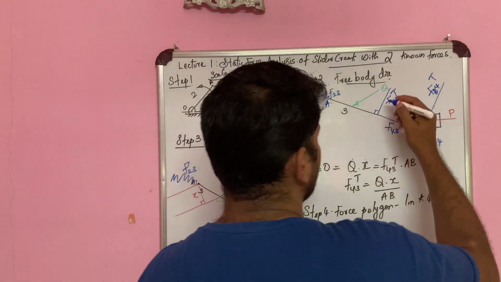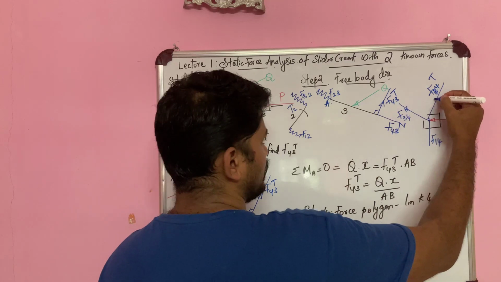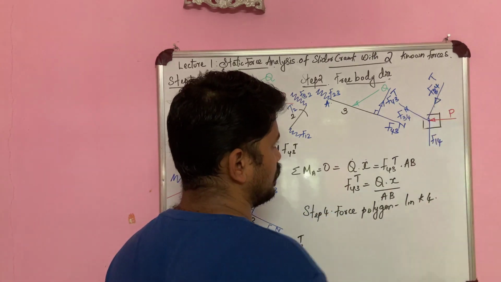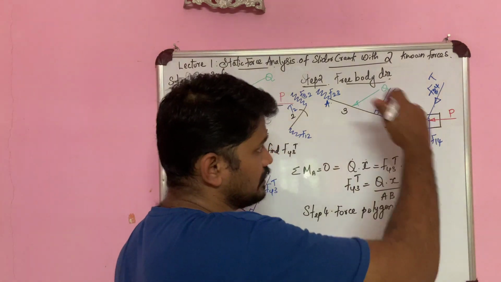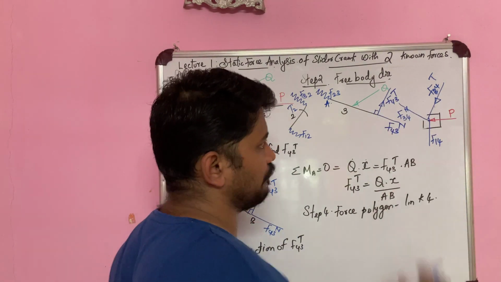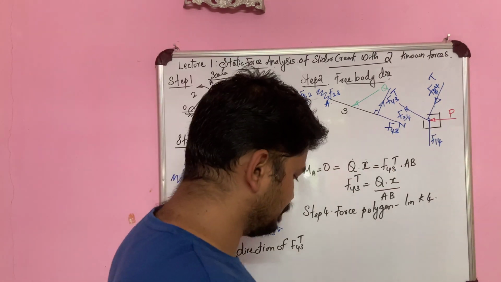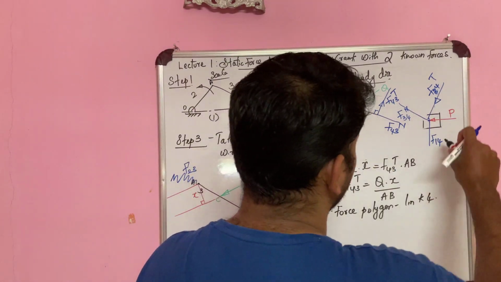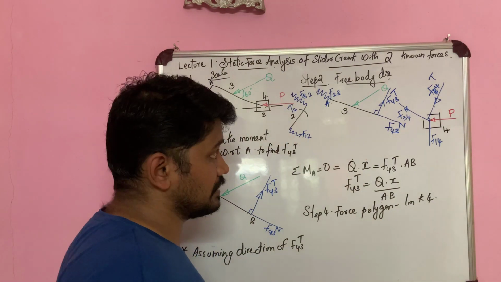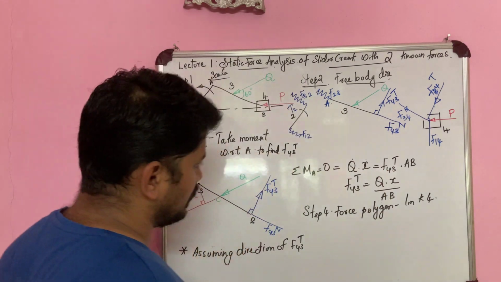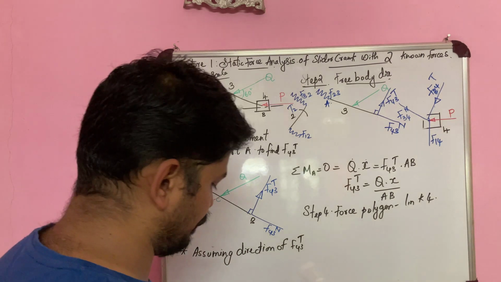Now this one I assumed to be in the upward direction, right? So here it is in the opposite direction, that is downwards. And F34N's direction I don't know, but I just know the line of action. Similarly F14. So when we draw the force polygon for link 4, I will get the direction as well as the magnitude of all the forces that are there over here. So let us see.